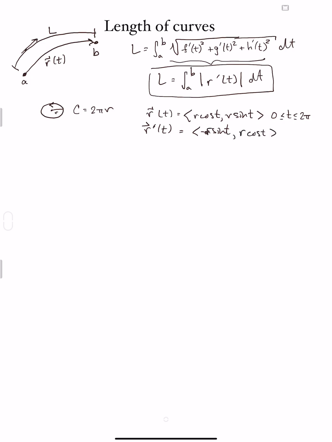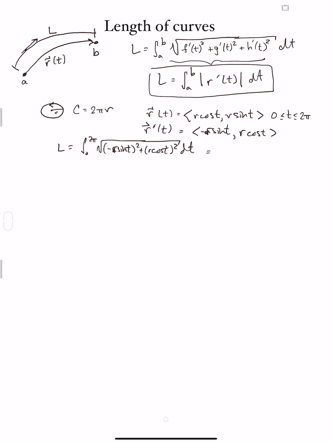So when I form this length integral, the length is the integral from 0 to 2 pi, all the way around the values of the parameter, of the square root of r sine t squared plus r cosine t squared dt. And when I do that, the r squared factors out as an r, and sine squared plus cosine squared is going to be 1.